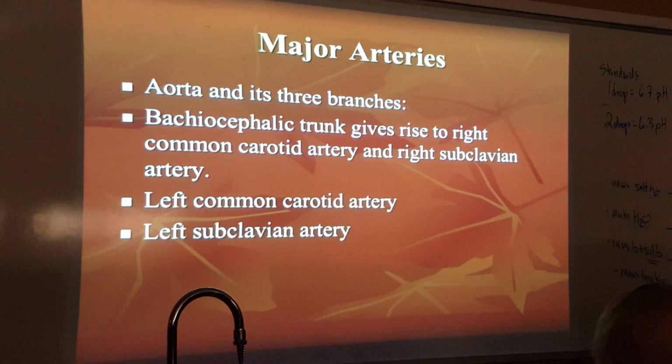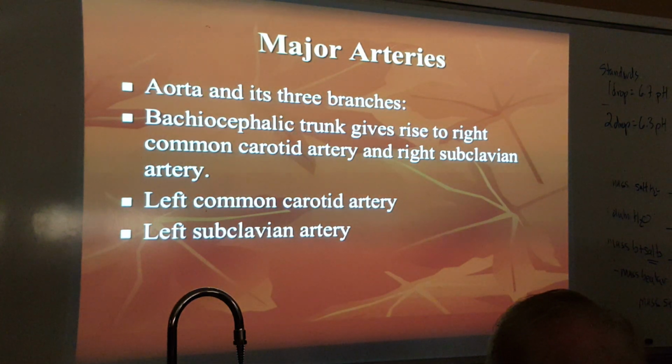Okay, these are ones you'll be learning, the ones I just pointed to. So major arteries: brachiocephalic trunk, ascending aorta, aortic arch, descending aorta, thoracic aorta, and abdominal aorta. Left common carotid artery, left subclavian artery.